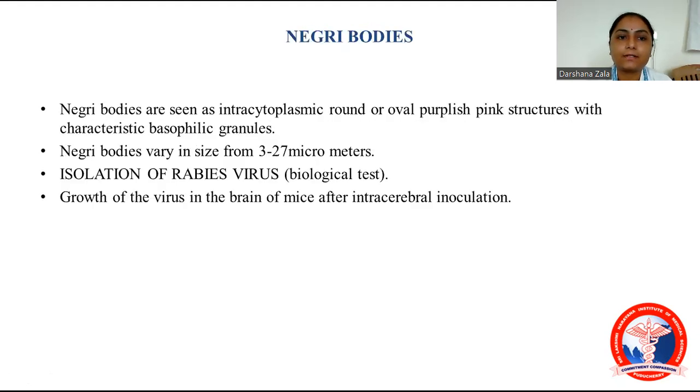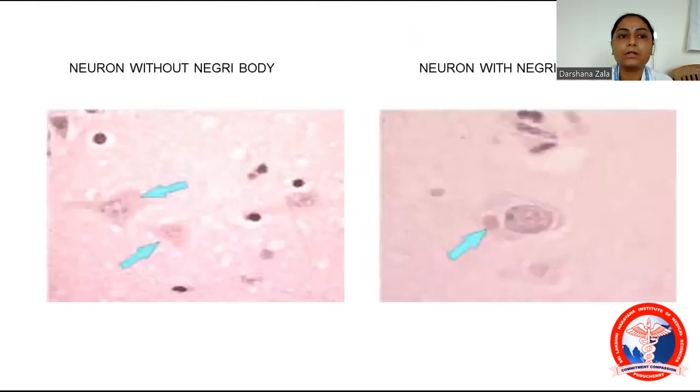Now, Negri bodies, as I've already mentioned, are intracytoplasmic inclusions, round or oval purplish-pink structures with characteristic basophilic granules. So here in this picture, you can see this is a normal neuron. Here the neuron is from an infected rabies patient.